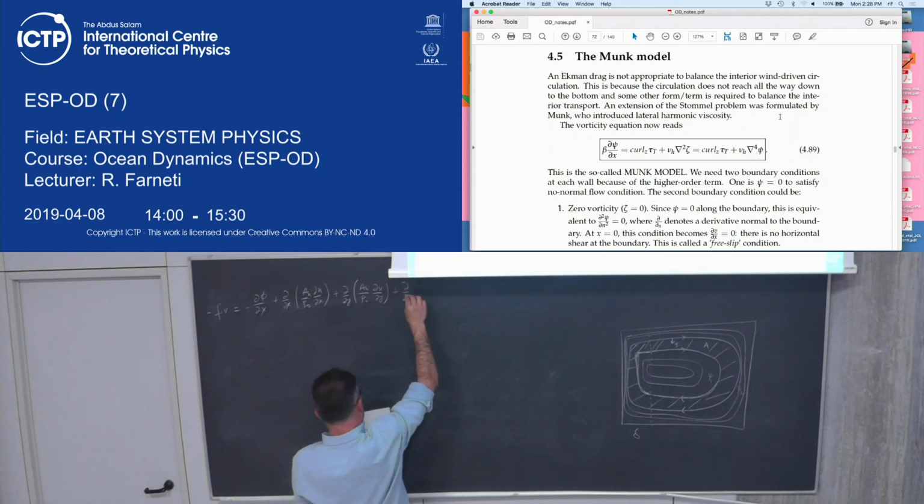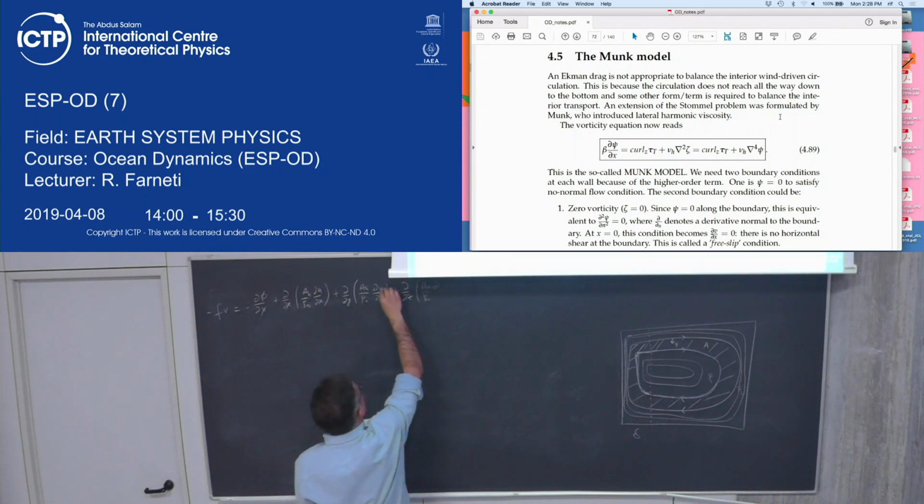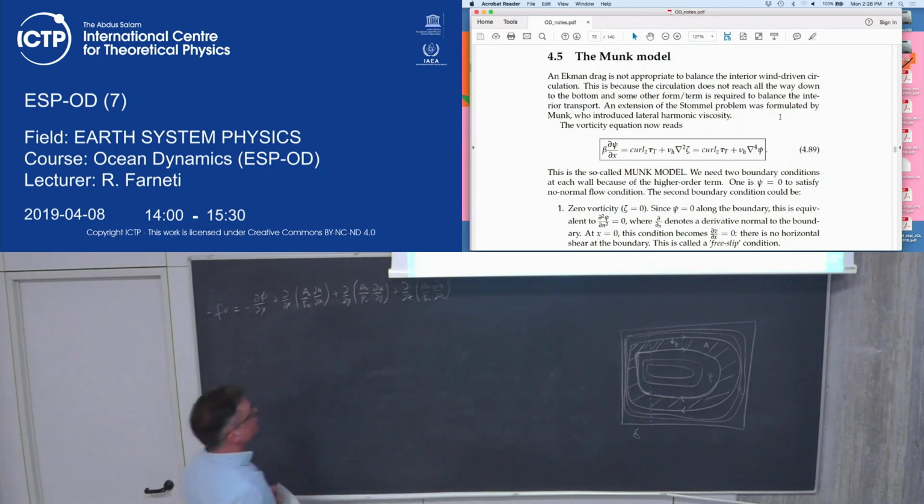And the vertical that we used already. Okay, so this is for the x component.